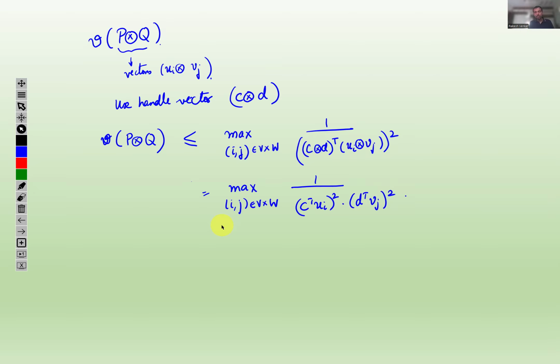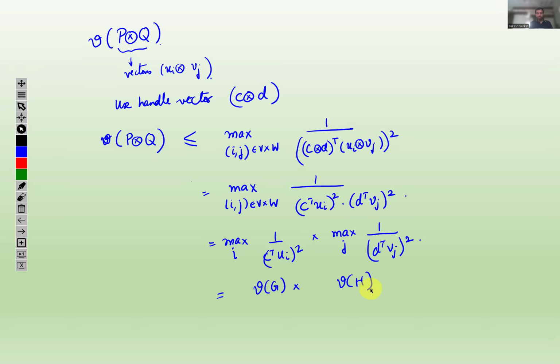I can separate these out because this is going over all pairs i, j in V cross W without any restriction. And each of these, because this is the optimal orthonormal representation, is equal to theta of G times theta of H. So this shows lemma A.